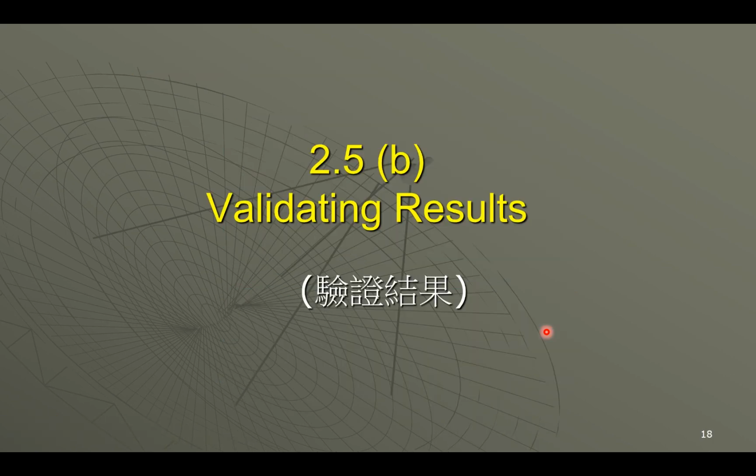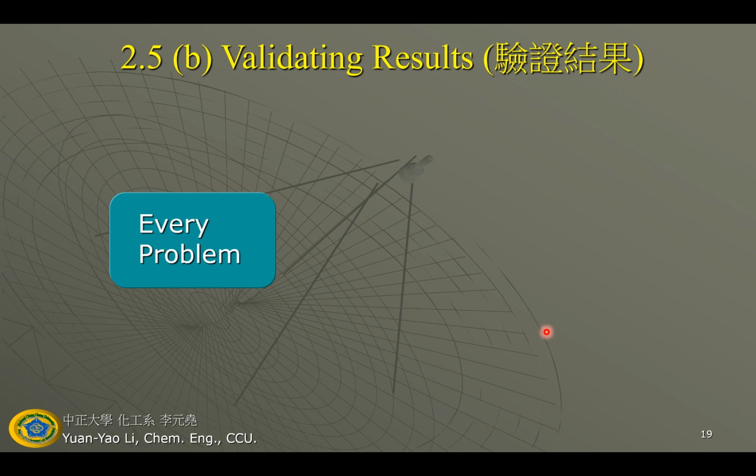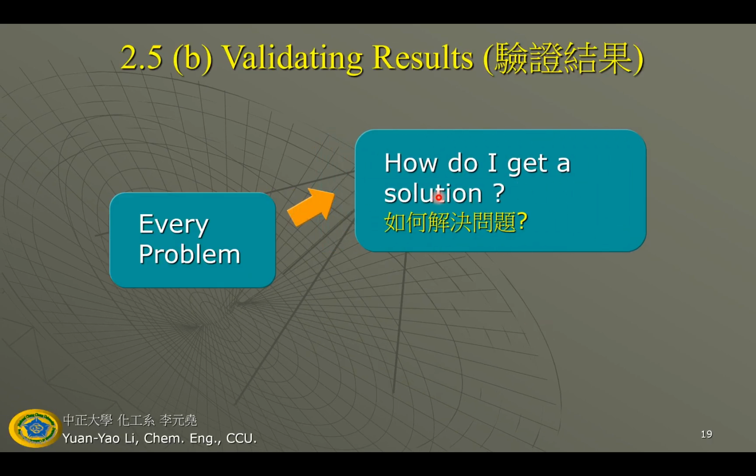Okay, let's move to section 2.5b, validating results. When you try to solve a problem, the first question is how to get a solution. If I give you a question, you need to find out how to solve it.